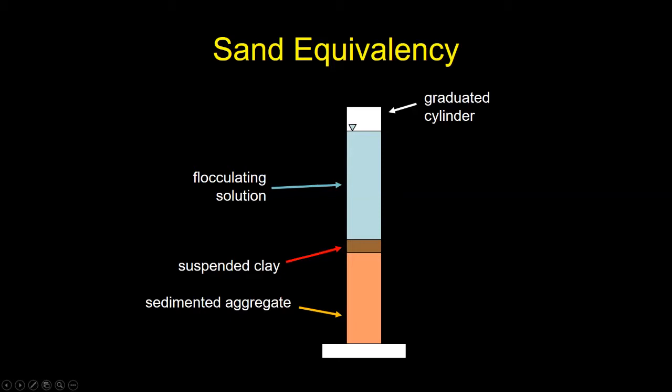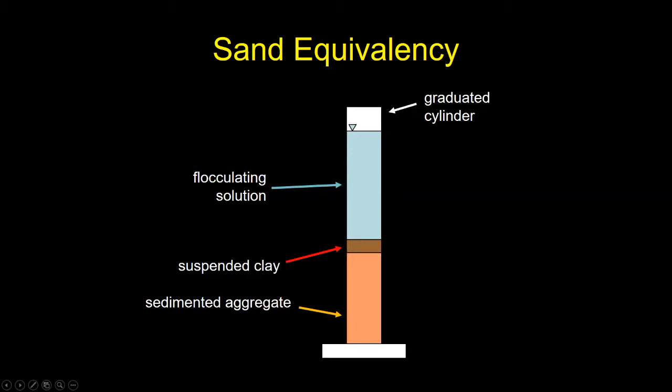And then what you want to do is you'll get a clay reading from the top of the clay, and then you use a foot. Sometimes you can look at it and say, hey, here's the top of the sand or the top of the fine aggregate. But sometimes it's hidden because the clay particles can work themselves into it. So you use a weighted foot that has a flat bottom.